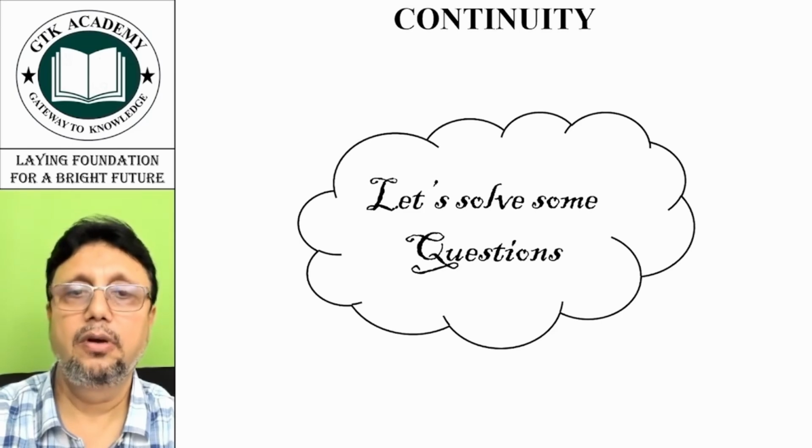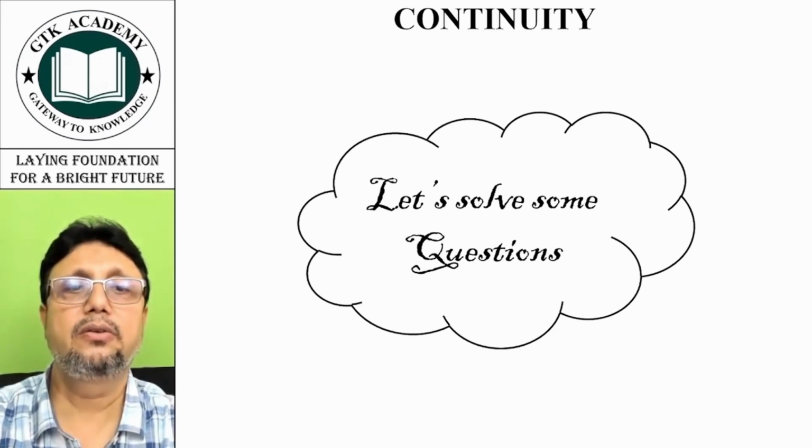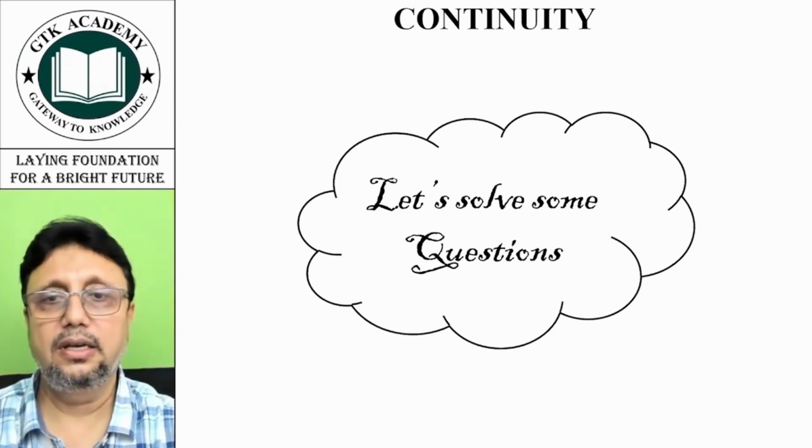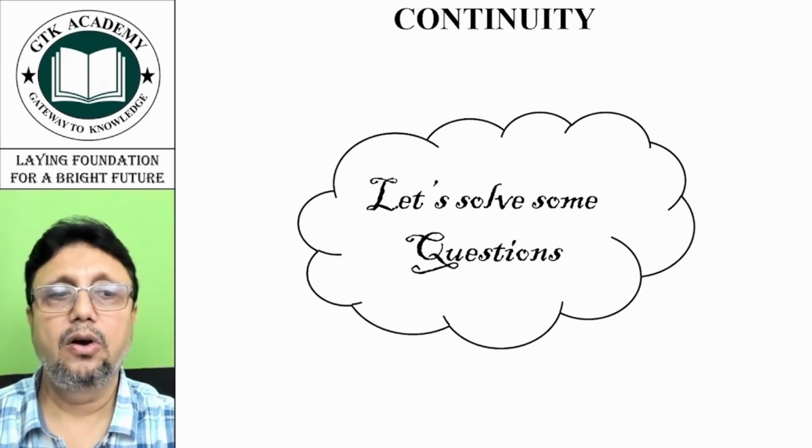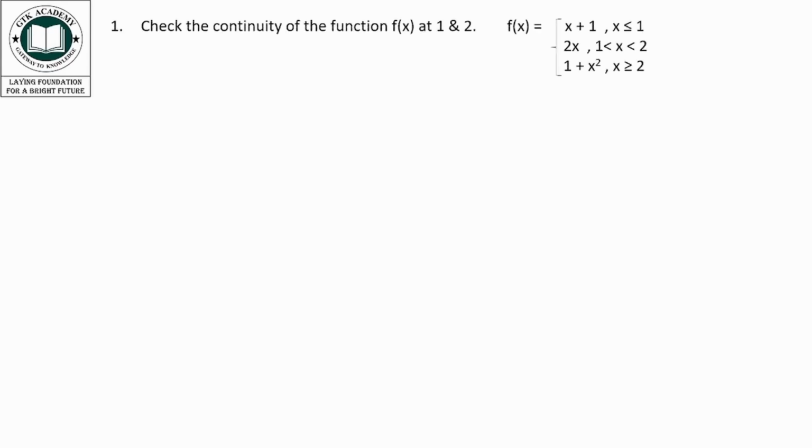So let's solve some problems so that we get more clarity on this topic. Let's quickly do some questions. First question says that function f(x) is defined in three regions like this, and we are required to check the continuity of the function at 1 and 2.